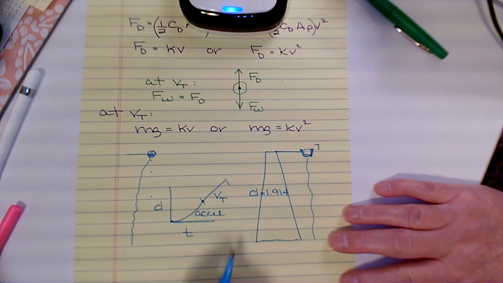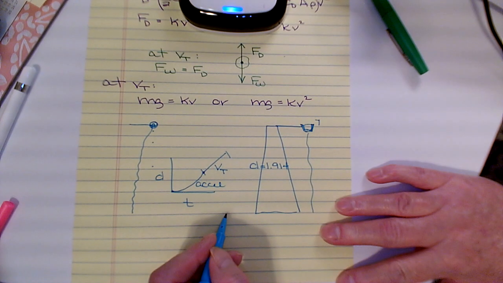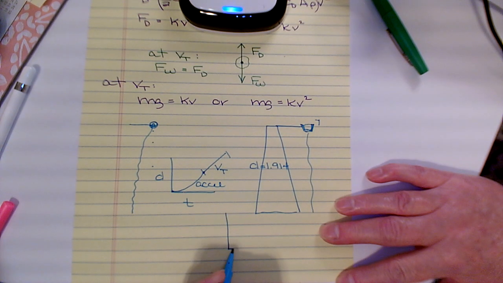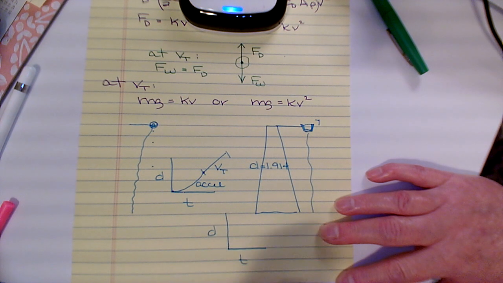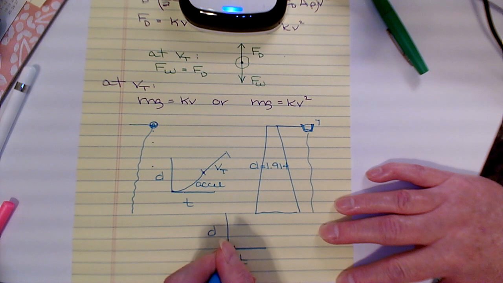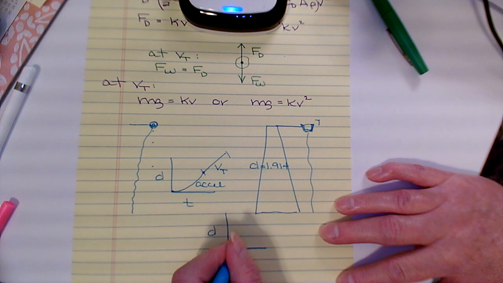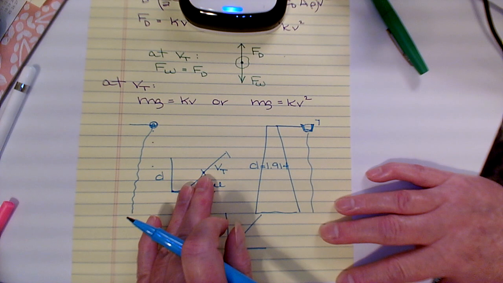Why that's important is if I drew a distance-time graph of the coffee filters falling to the floor, they probably accelerated for just a smidge, like this, but then they reached constant velocity. And so this graph looks very different than this graph.